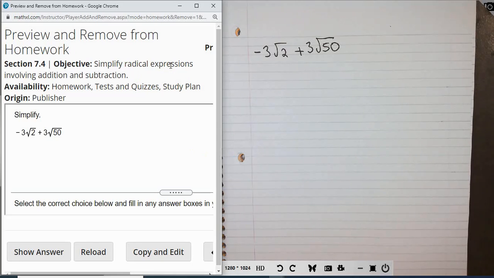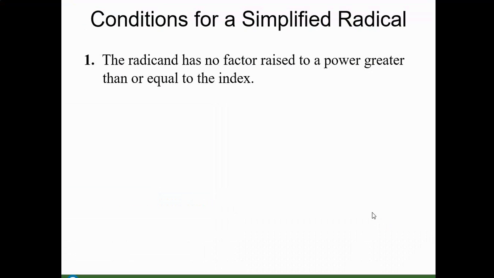And probably the best way to go about this before we start working this would be to review some concepts on simplifying radical expressions. And we'll draw upon the lecture notes on this one. If you remember in the lecture notes, we talked about the conditions for simplifying a radical.